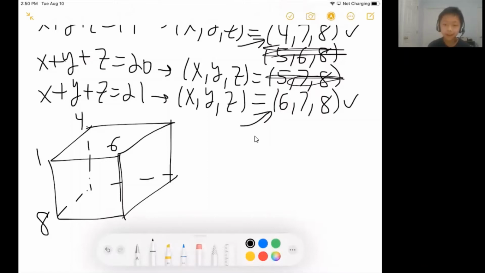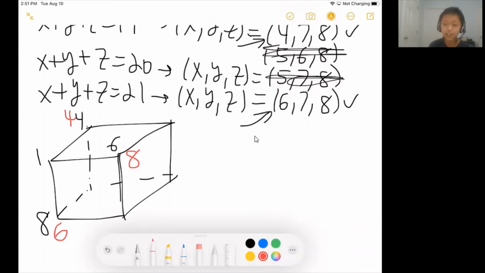Notice that if you replace this, so let's keep the 4 there. If you replace the 6 with an 8 and replace the 8 with a 6, it turns out this will give a different configuration of the cube, right? It's not possible to rotate this cube to make it the same as 4, 8, 6. But this gives the same result because it's symmetric, right?